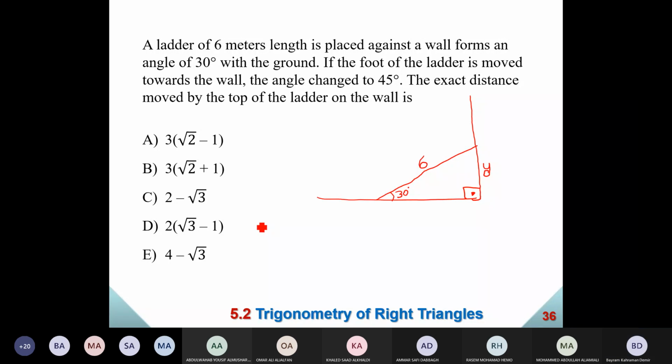Sine of 30 degrees should be equal to y over 6, which is half, of course. From here, you see y is equal to 3 meters, right?